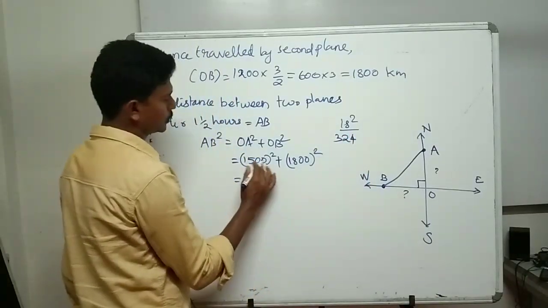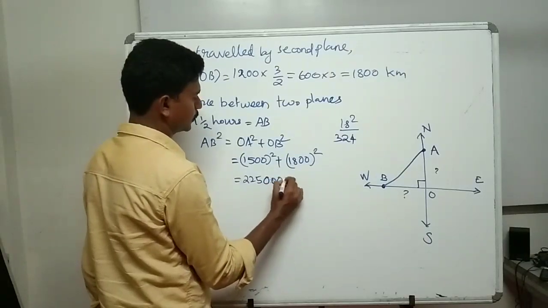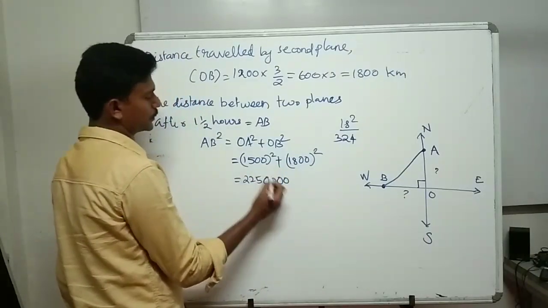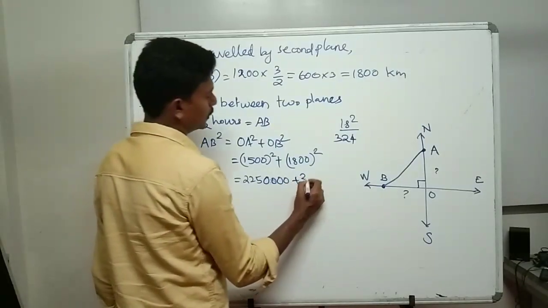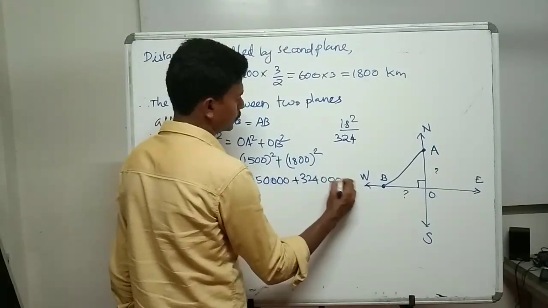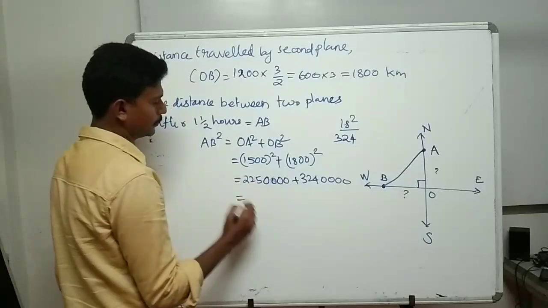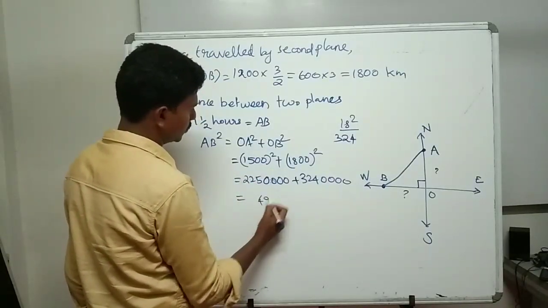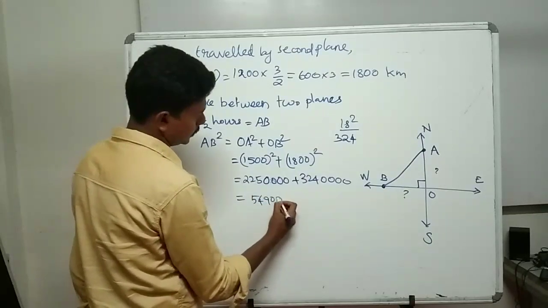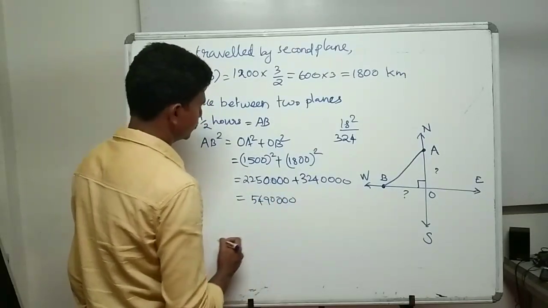So we add 2 zeros, and when squaring, 4 zeros come. 324 again 4 zeros. We can add these two numbers, 9 4 5, and we get this result.